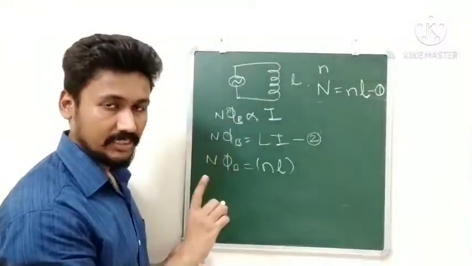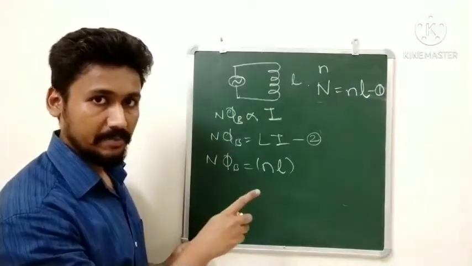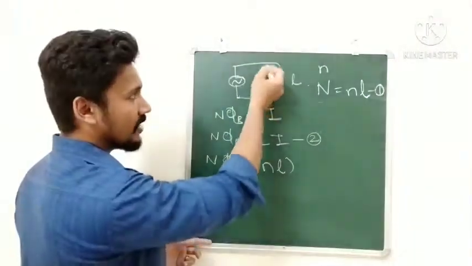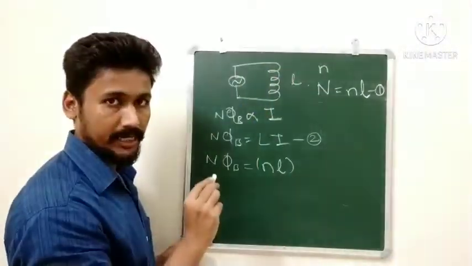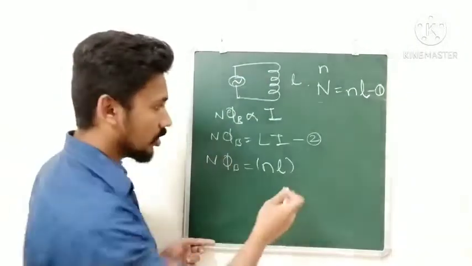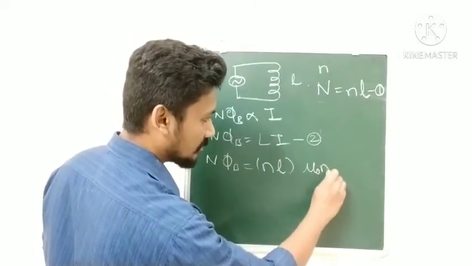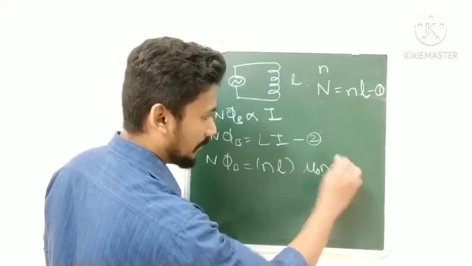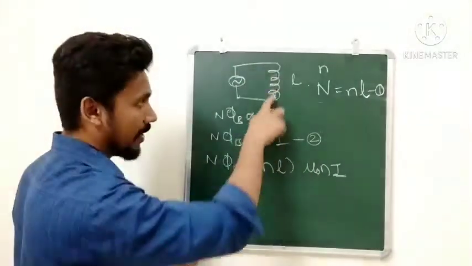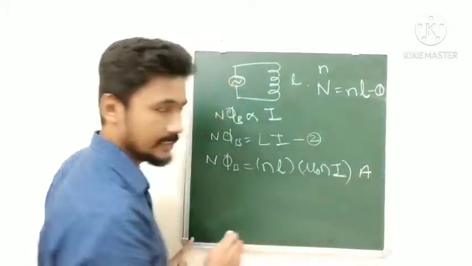How much is phi B? That is the flux. Flux, I am sure you remember, is magnetic field multiplied by area. Now this coil is basically a solenoid. For a solenoid, how much will be the magnetic field inside? I am sure you remember, the magnetic field is mu naught small n into I. So mu naught n I, the magnetic field inside, multiplied by A, the area.